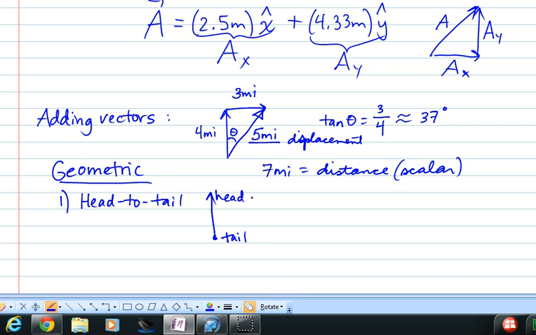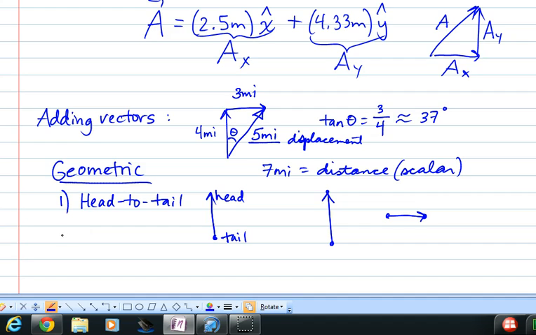So the head is the arrow, the tail is the other part. And when we add vectors head to tail, let's say I have 4 miles, that's a vector with a tail and a head, and let's say I have another vector which is 3 miles which has a tail and a head.